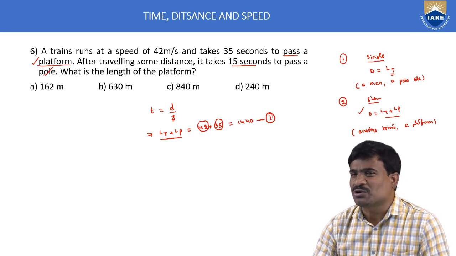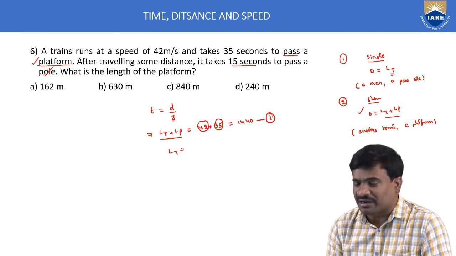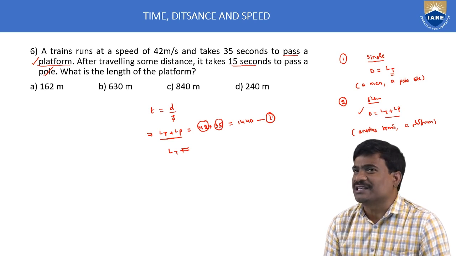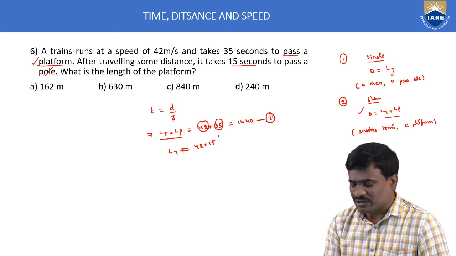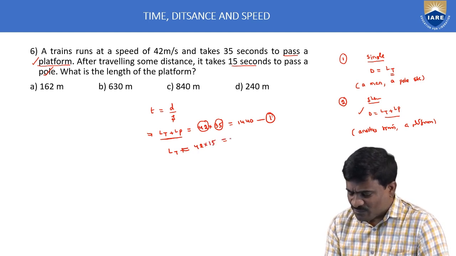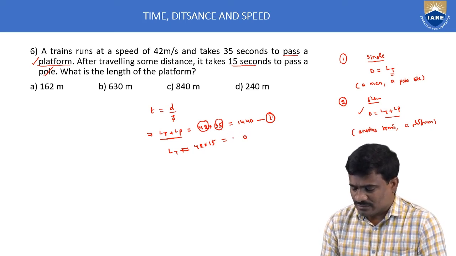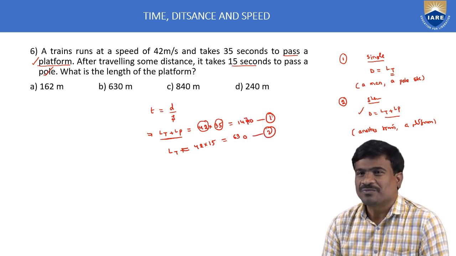To cross a pole, the length of the train is speed 42 meters per second and time 15 seconds. 42 into 15 is 630. This is equation number 2.